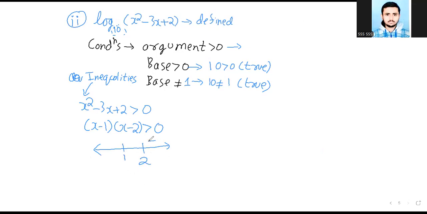Now, the rightmost portion would be positive. The neighboring portion is negative, and we have alternate plus minus regions. Since we need the greater than 0 value, x belongs to the positive regions, meaning x belongs to minus infinity to 1, union 2 to infinity.